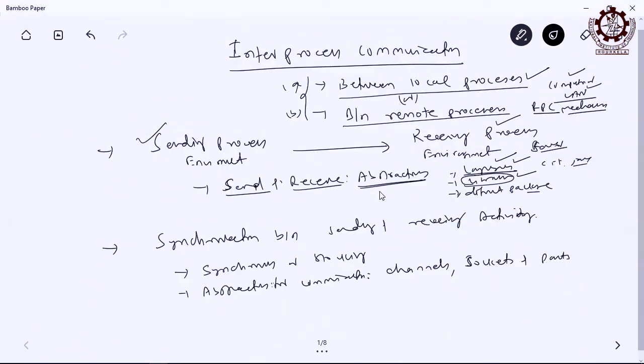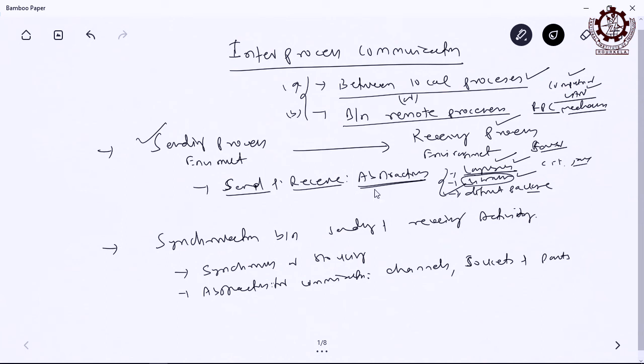And why are these abstractions necessary? Because you want to carry out send and receive operations. The client will send some request message and the server will reply, right. So, send and receive are the basic tasks needed, that is what we call the abstractions. And the third way is that we can have an altogether different package. So, there are various ways to implement these send and receive abstractions.